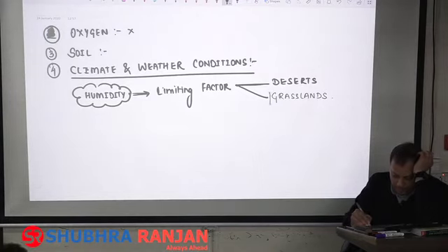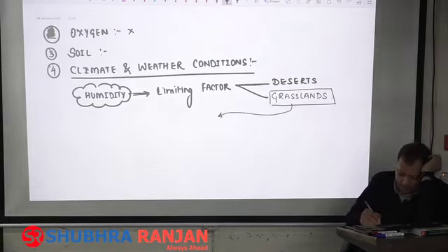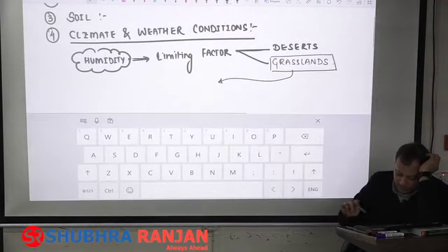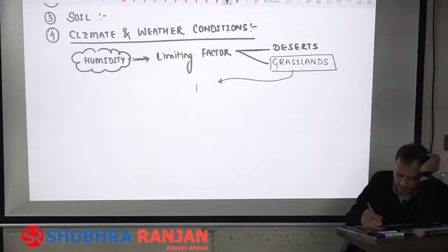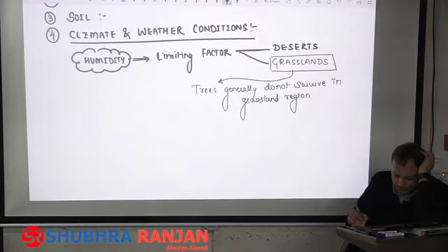Fine. More importantly, because of bushfire, grasslands. Trees generally do not survive in the grassland regions. There are two reasons for this.